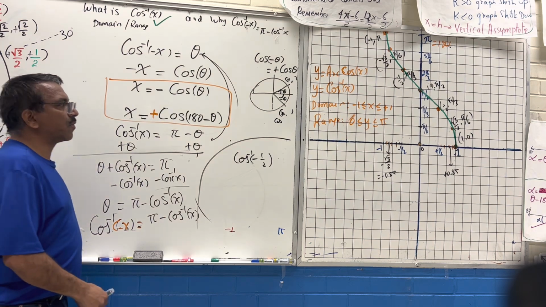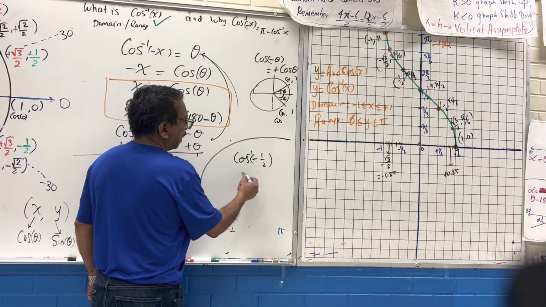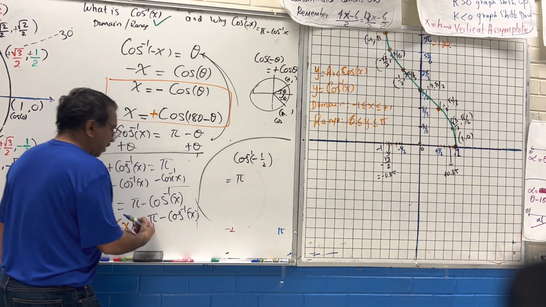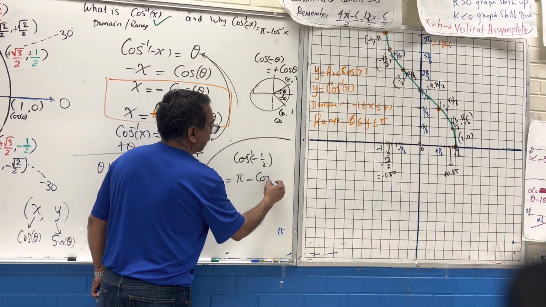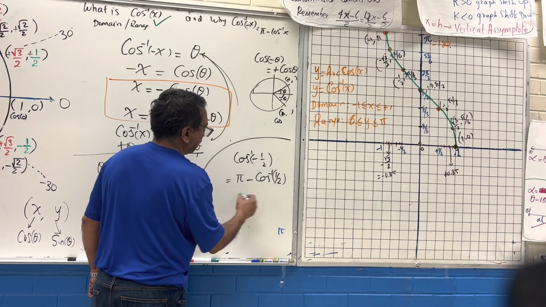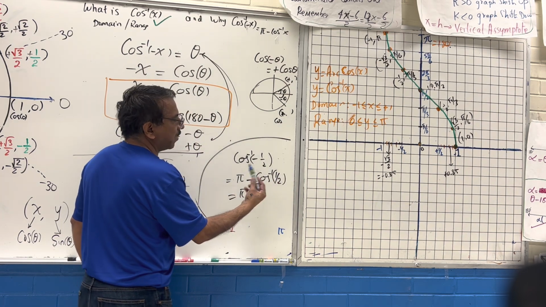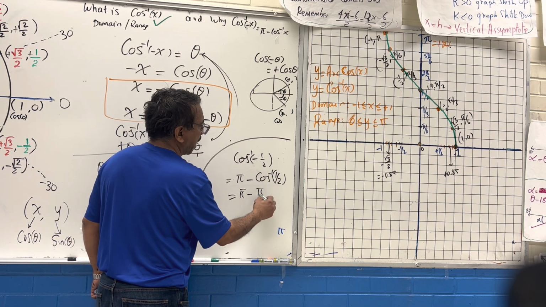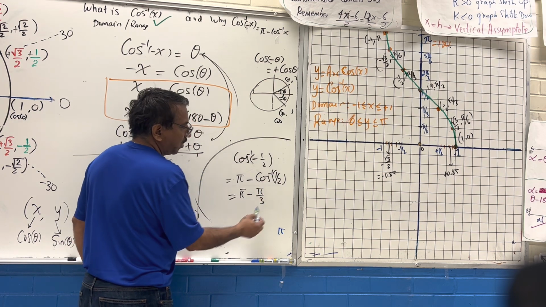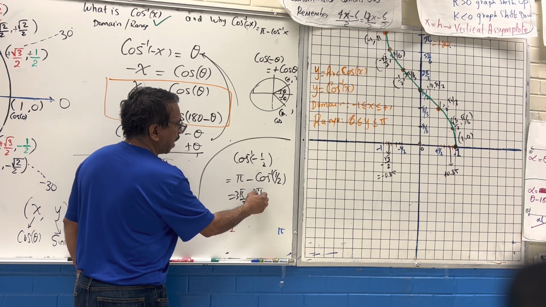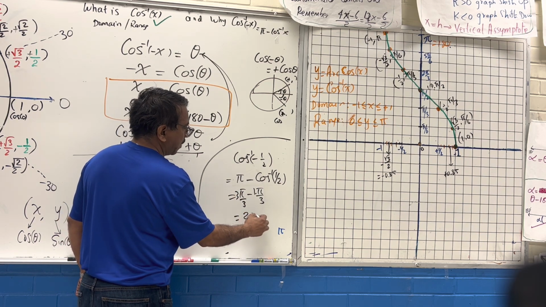That is as good as writing pi minus cosine inverse of half. And cosine inverse of half, cosine of which angle is half? It is pi by 3, that's 60 degrees. So pi minus pi by 3 becomes 3 pi minus pi over 3, which is 2 pi by 3.